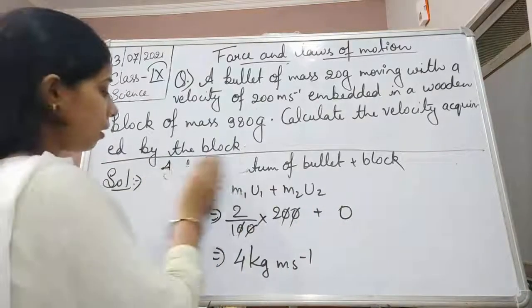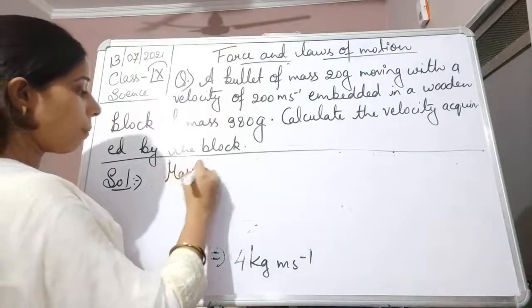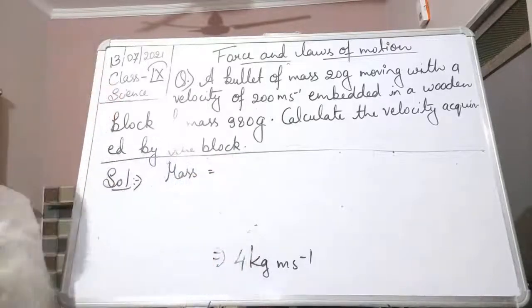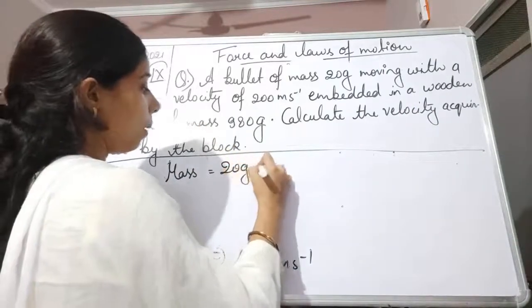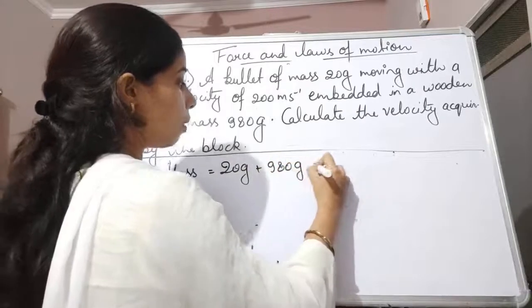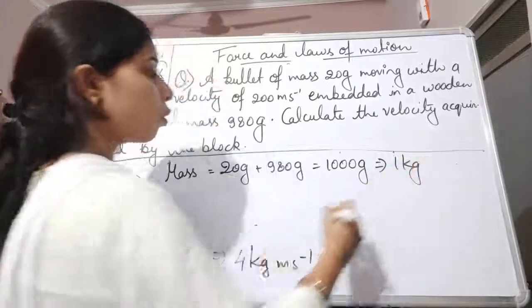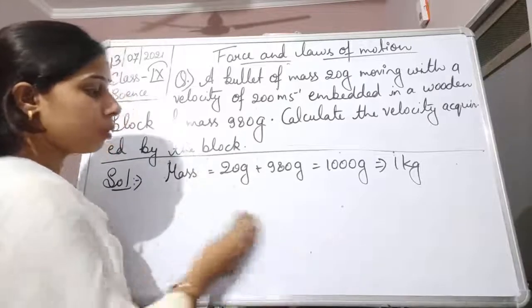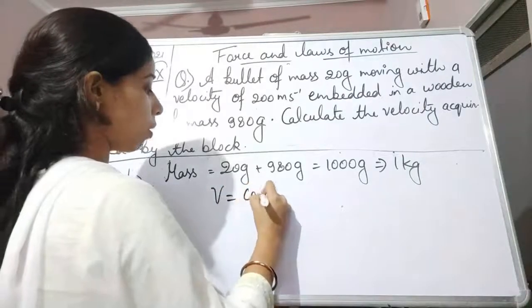And then, students, what happens? Now the total mass after collision will be 20 plus 980, that is 20 gram plus 980 gram, which is equal to 1000 gram, that is 1 kg. So when the collision happens, the total mass will be 1 kg, and now the final momentum: velocity V is the common velocity.